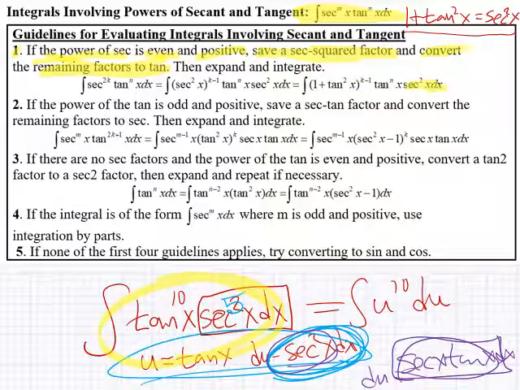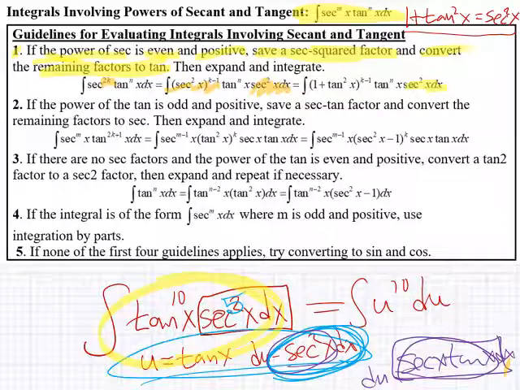So let's think about this. Secant is to an even power. I can always write an even power as a secant squared. It can be pulled out, and I can be left over with another remaining secant there.